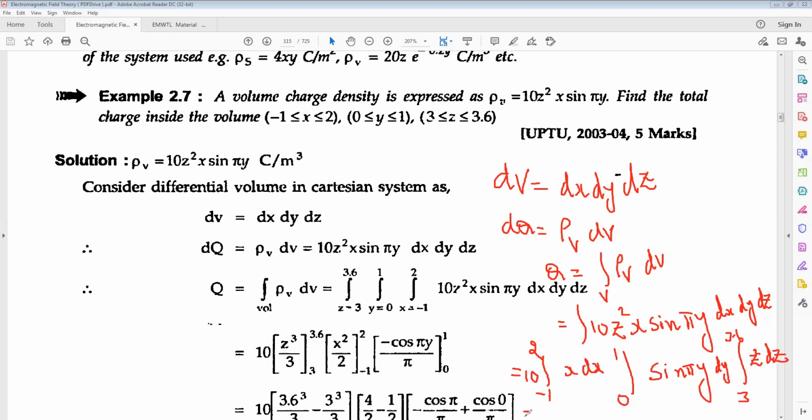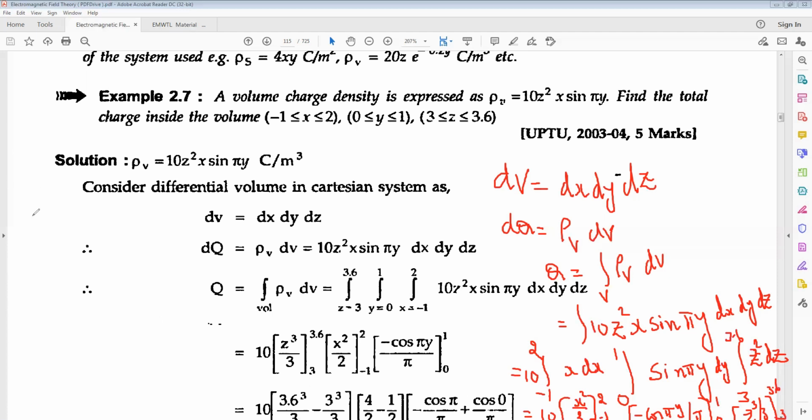So that is equal to 10 multiplying x square by 2, with lower limit -1 and upper limit 2, and the sine integral is minus cos pi y by pi, since the y coefficient is pi, from 0 to 1, and z square is z cube by 3, with upper limit 3.6 and lower limit 3.